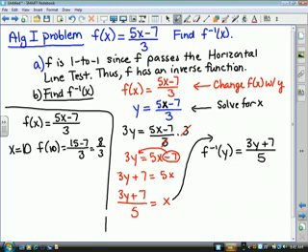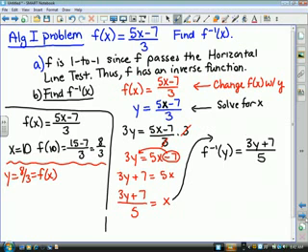Sometimes you know the x and you want to figure the y value out. But there are other times when I know what the y value is, or I know what f of x is, and I want to know what the x value is. Well, if we had a whole bunch of these, let's say y was 8/3 and 10, or 2 and 7 and 20, we knew all these y values and we wanted the x.